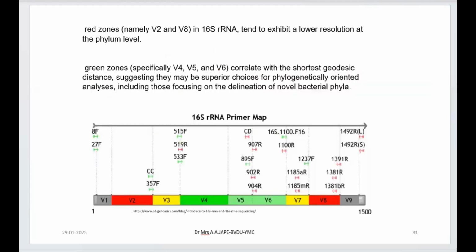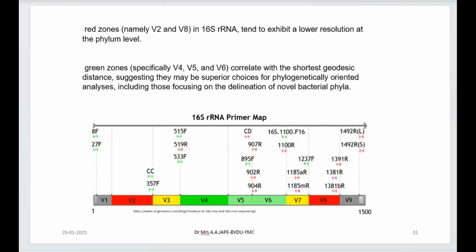right? So red and green areas that you have to see. The red zones, V2 and V8 for example, are very brightly seen as red. They tend to exhibit low resolution at phylum level. So what is their importance when it comes to sequence comparison? That is what we are doing in 16S rRNA, right?